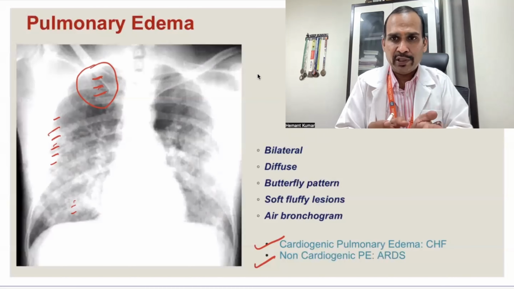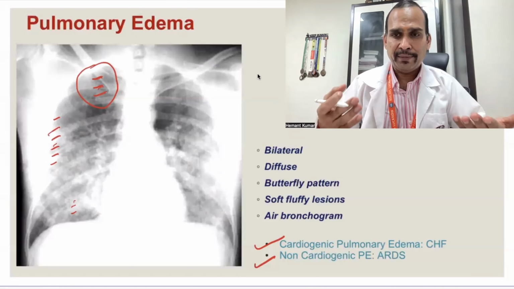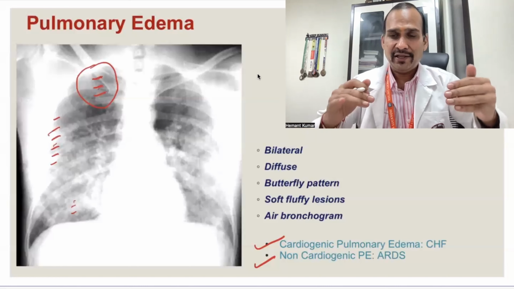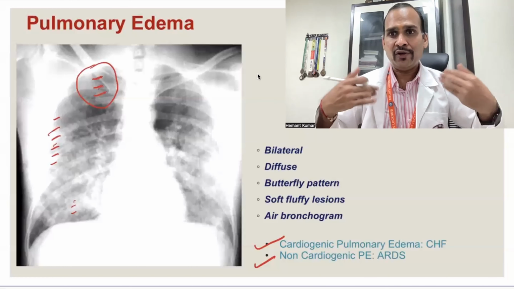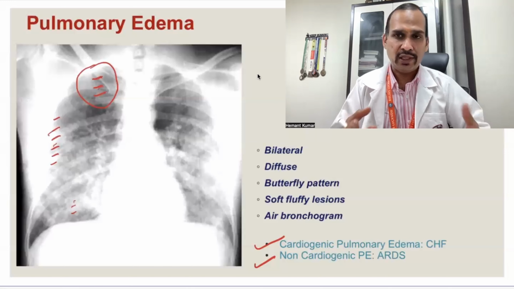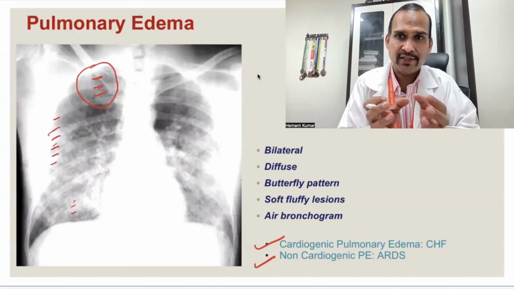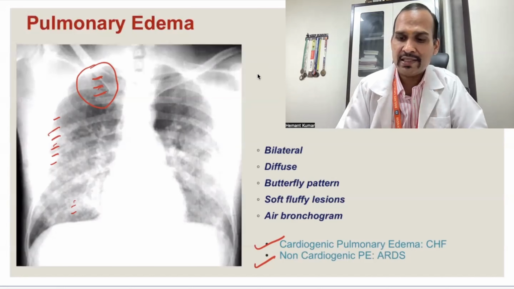If cardiogenic pulmonary edema worsens, it will cause fluid in the interstitium. And if it worsens still, it will cause filling of alveoli. So the alveoli will get fluid. How does the opacity look in the chest X-ray? Usually bilateral, diffuse, in a butterfly pattern.